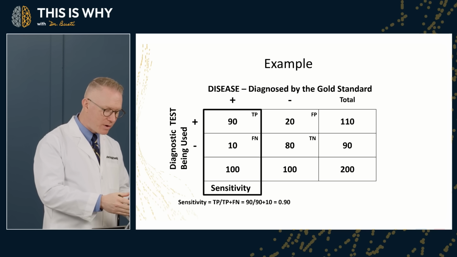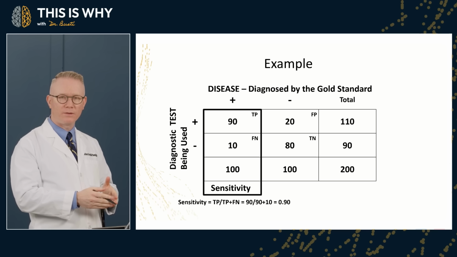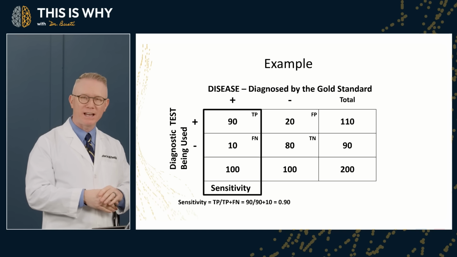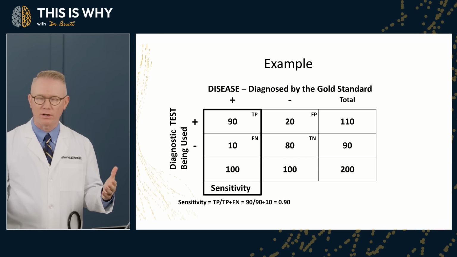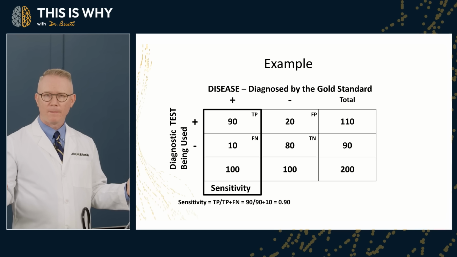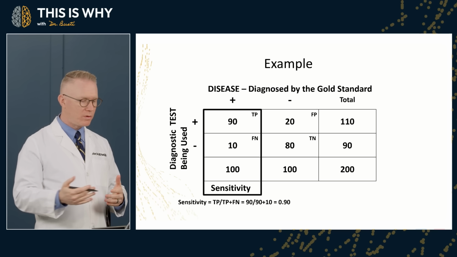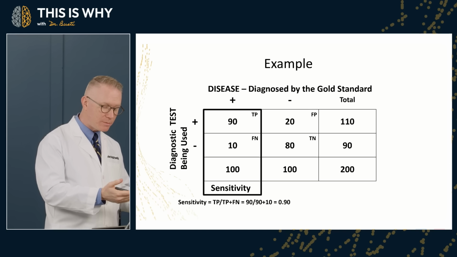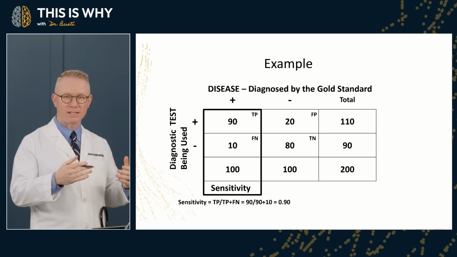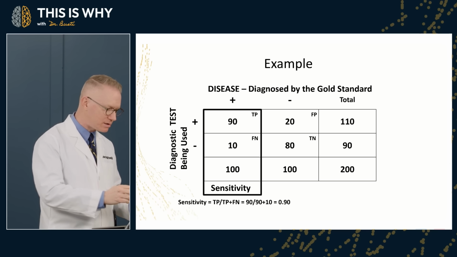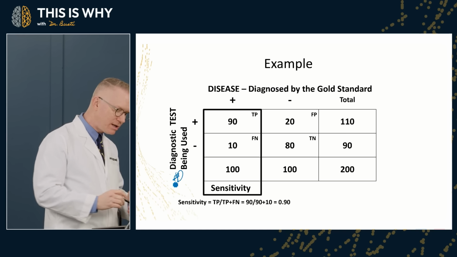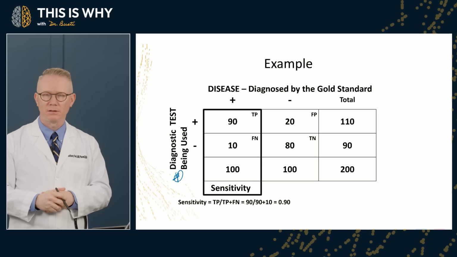So the bottom number becomes 100, and the top number is 90. So the denominator is larger, so we know that sensitivity is less than 1. You do the math and you see that it's 0.9. So the sensitivity for this new test being used is 90%.